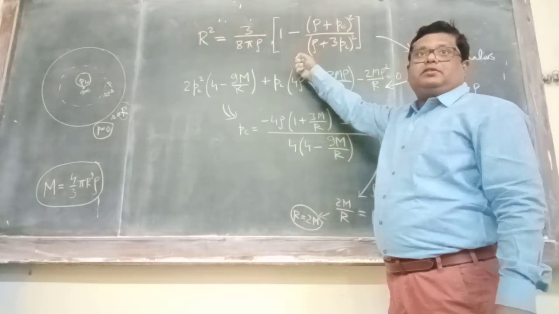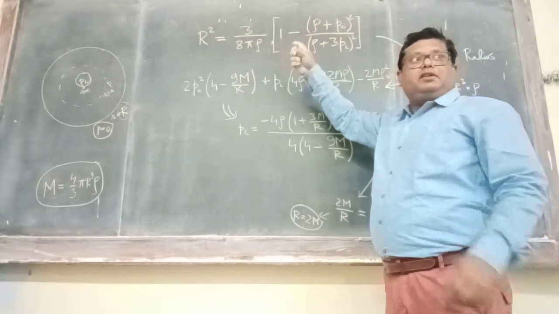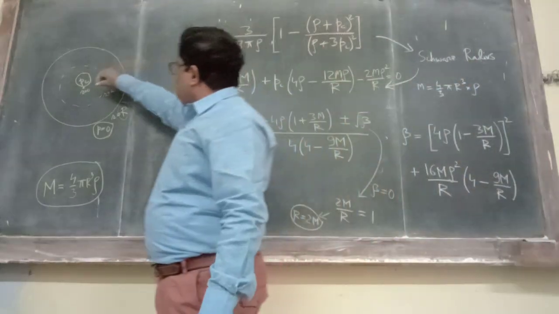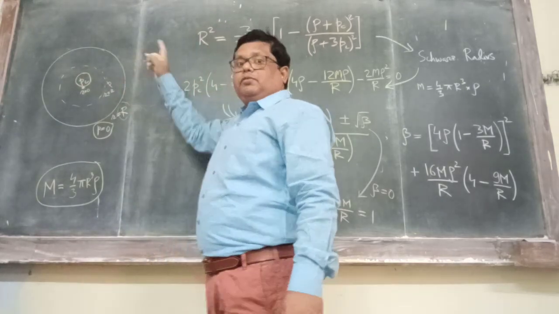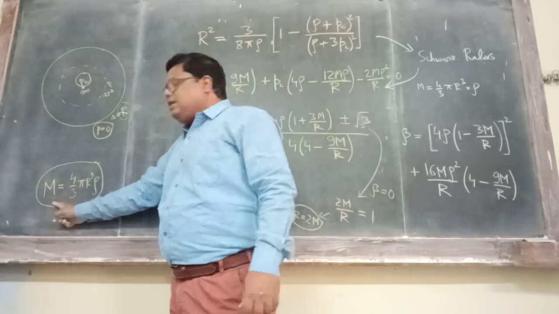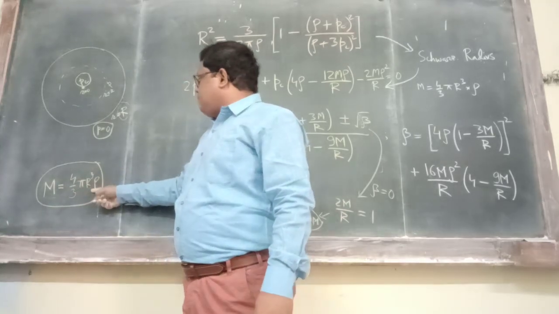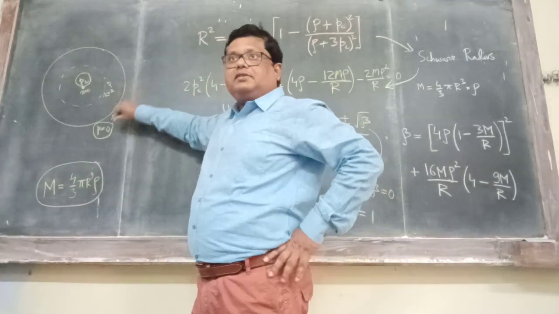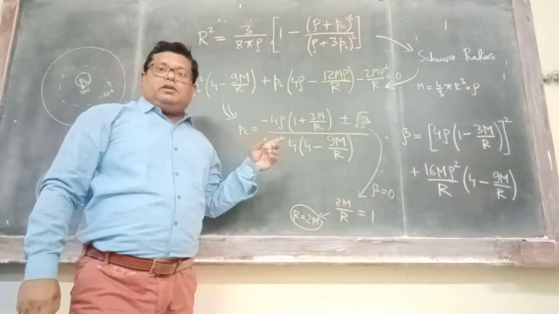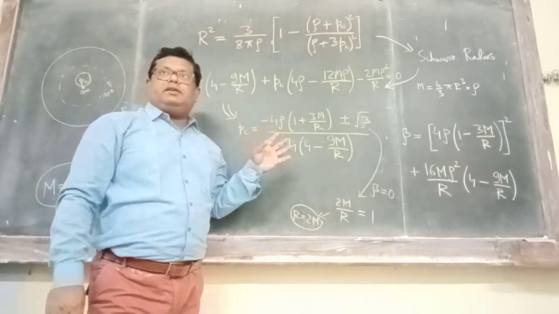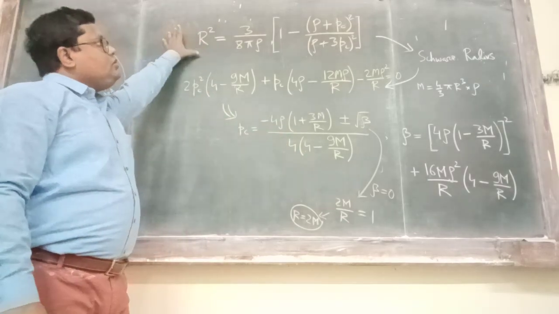Remember this relation we derived previously, and how we obtained it? From integrating r equal to 0 to r equal to 1. By the way, you must remember the total mass m equal to 4 by 3 pi capital R, which is the radius, cubed, into the density. Now this time to get an idea of the Schwarzschild radius, we are going to use this relation.